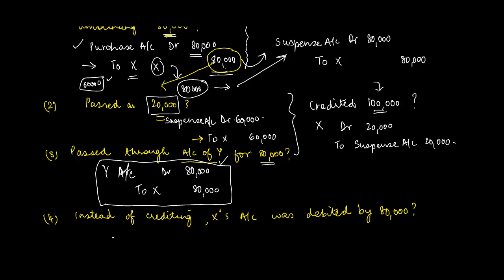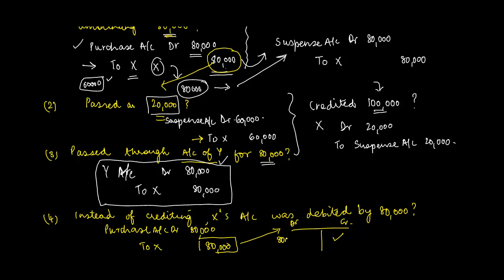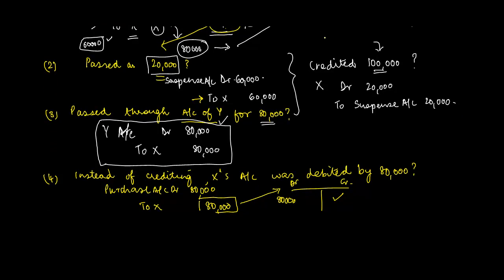So what happened was that you had to pass the entry purchase account debit to X by 80,000. Now what you did was, while you passed the entry correctly, when you were posting this to X's account, instead of, let's say this was a debit and this was a credit, instead of crediting X by 80,000, you debited him by 80,000. So now basically you have to rectify this. So how will you do it?